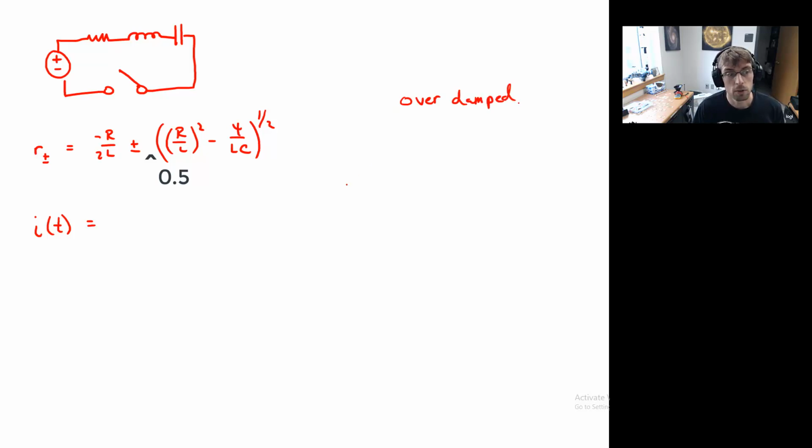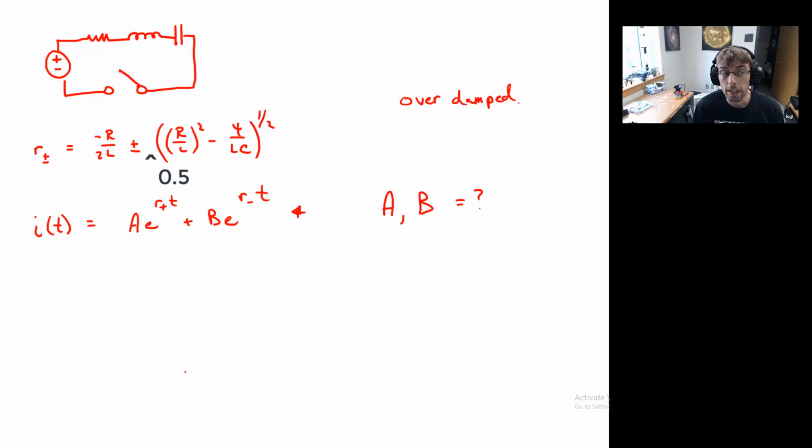So we'll assume that the equation has the form A e to the r plus t plus B e to the r minus t. I always get that mixed up. Here is our final expression, and we would like to know the values of A and B. What are these going to be equal to?